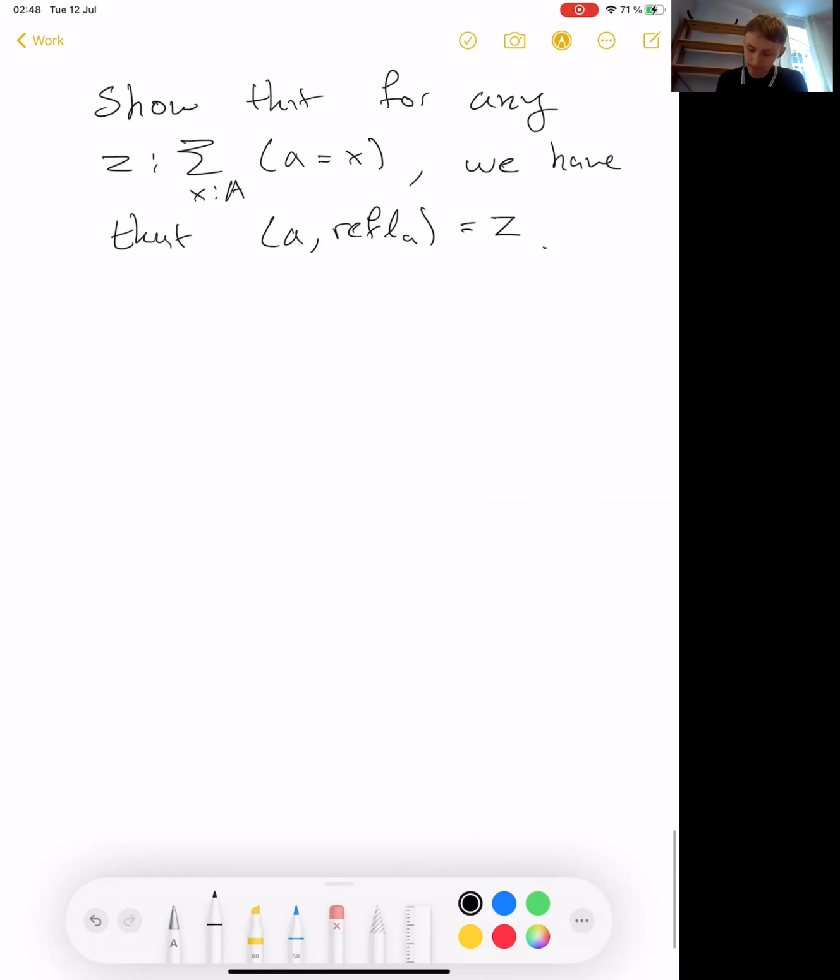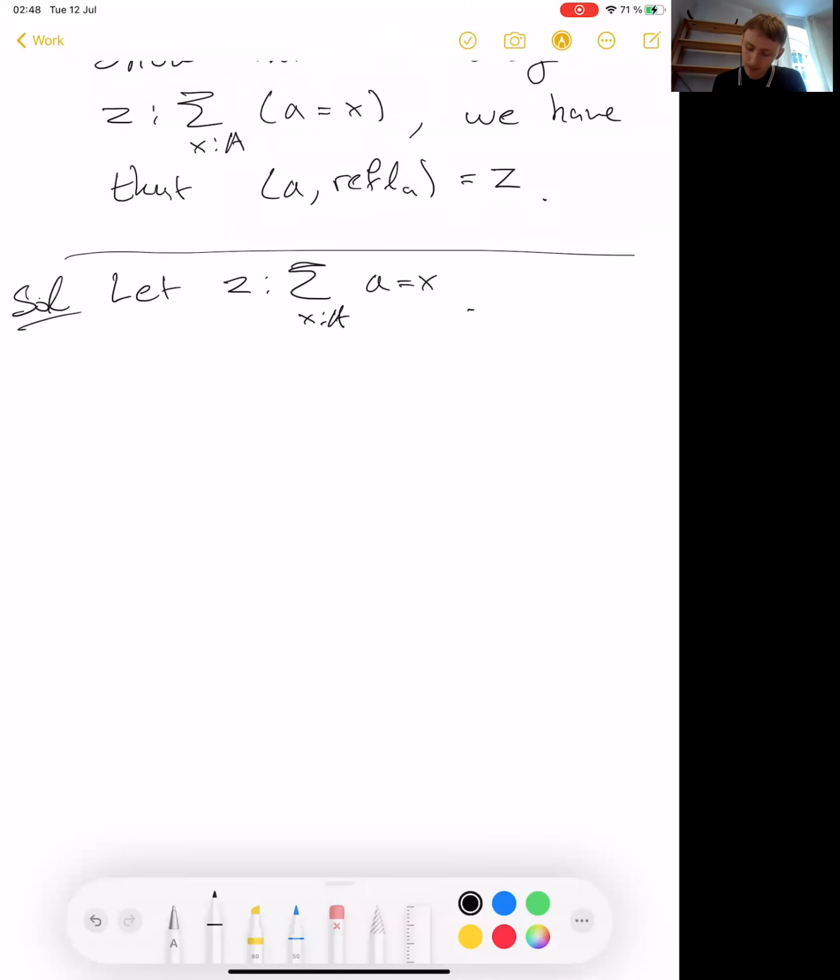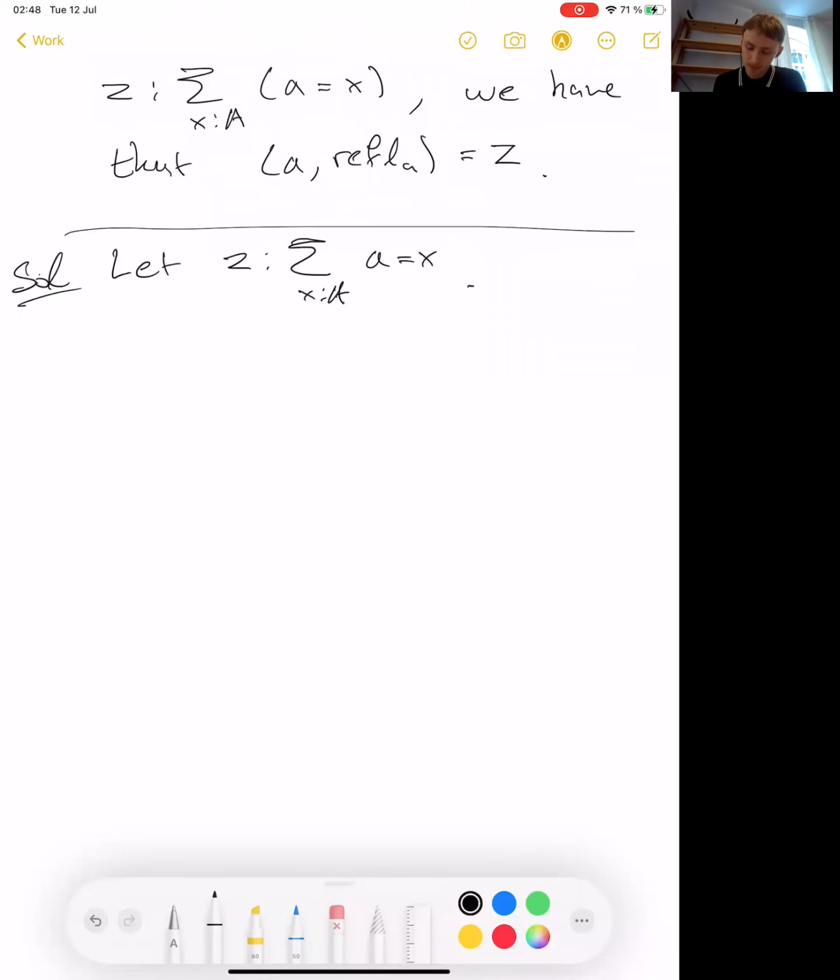How do we prove this? Okay. So, solution. Let Z be a point of this type. Kind of annoying to call it Z, you know, Z really is a pair, right?